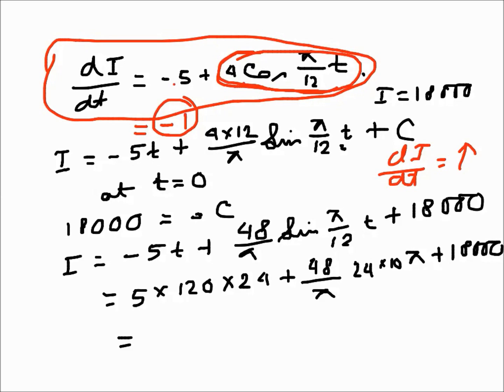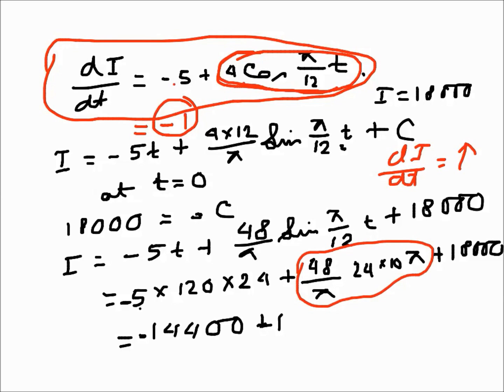So this one we are getting something like 14400, and this one is negative, and this one is positive. This one will become 0 because sine pi, sine 2 pi are 0. So whatever the coefficient is, this is like 2 pi times something, but it doesn't matter. This one is 0.